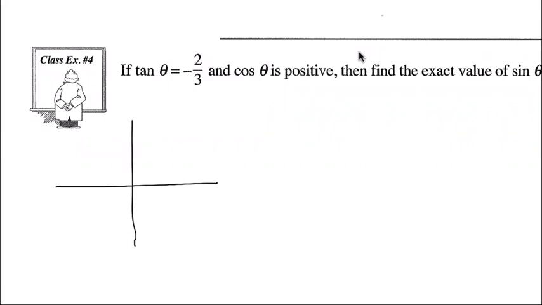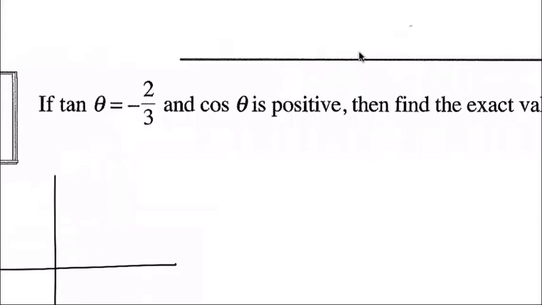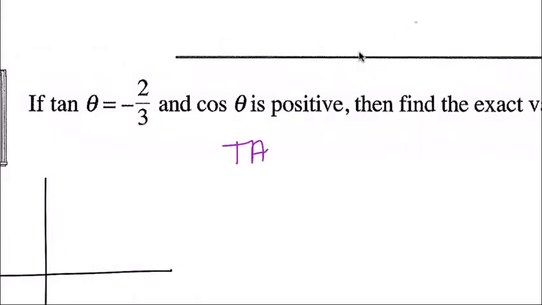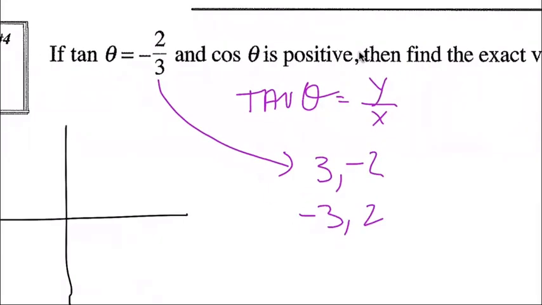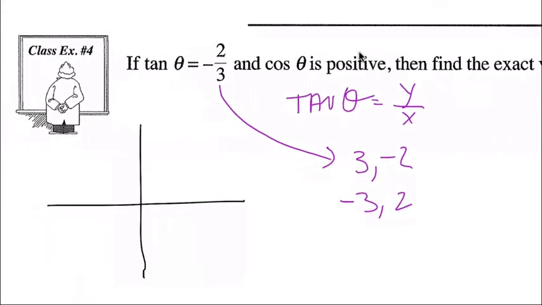Well, it can be -2, 3. Remember, tangent is y over x. So our coordinate point from here can be 3, -2, or -3, 2, right? It can be here, or here.